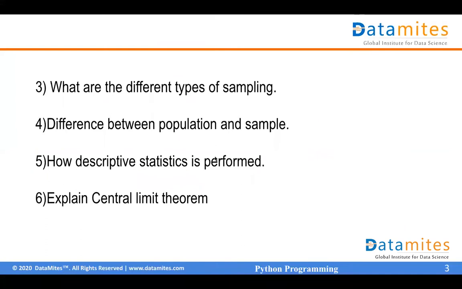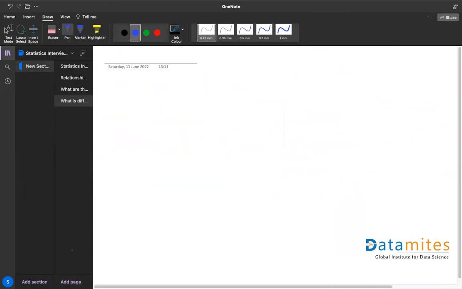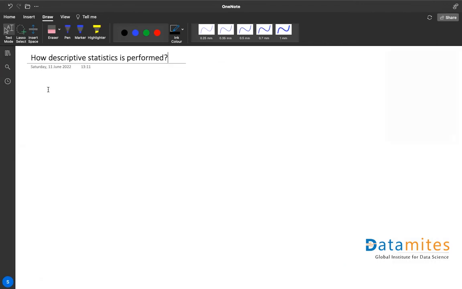How is descriptive statistics performed? First of all, you should know what is descriptive statistics. How descriptive statistics is performed, I would say how to answer this question. To answer this question, what you do is set a target.